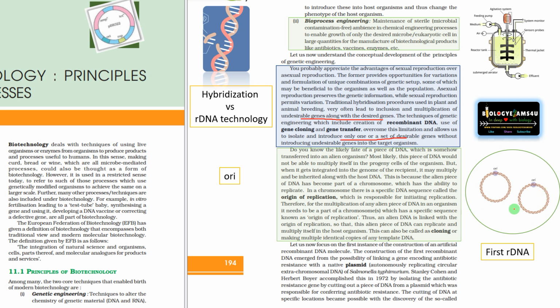The next paragraph deals with the development of the first recombinant DNA molecule by linking a plasmid with an antibiotic resistance gene that is isolated from Salmonella typhimurium, and it was done by Stanley Cohen and Herbert Boyer in 1972. So this was the procedure. As you see, this is the plasmid.